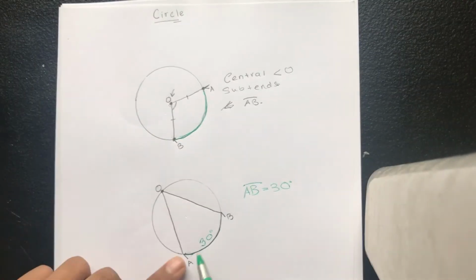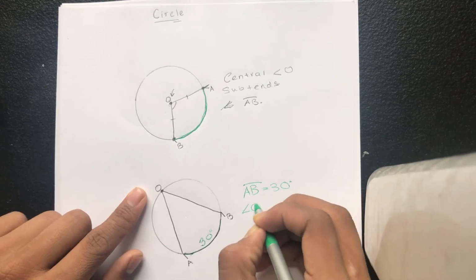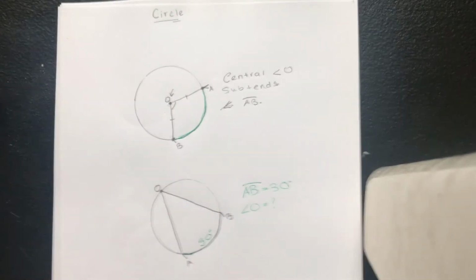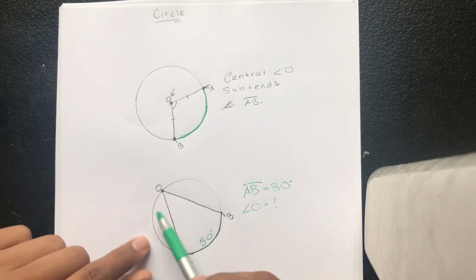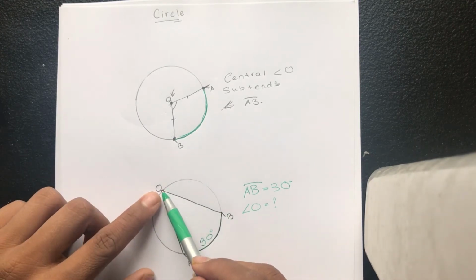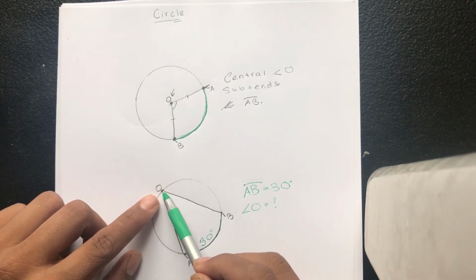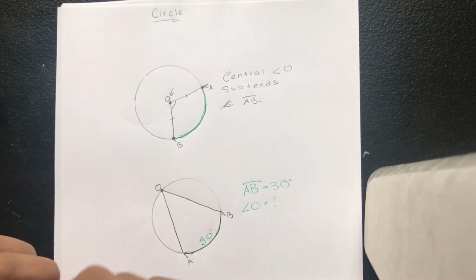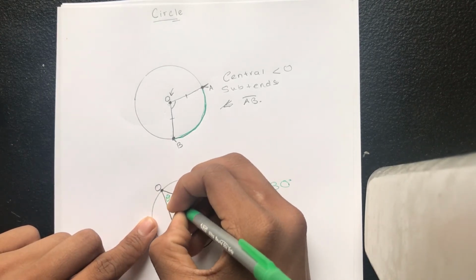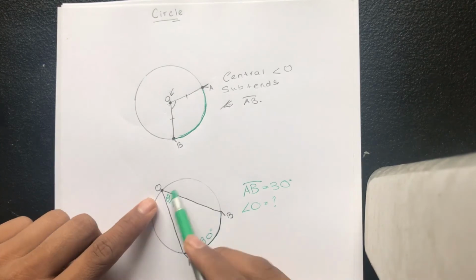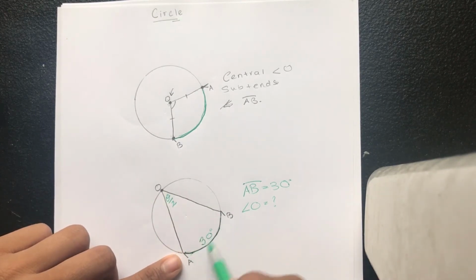Now, if arc AB is 30 degrees, what is the measure of angle O? Well, it turns out that no matter what part of the circumference this angle O lies on, it's always going to have a measure of theta over 2, meaning the measure of this angle O will always be half of the arc that it subtends.